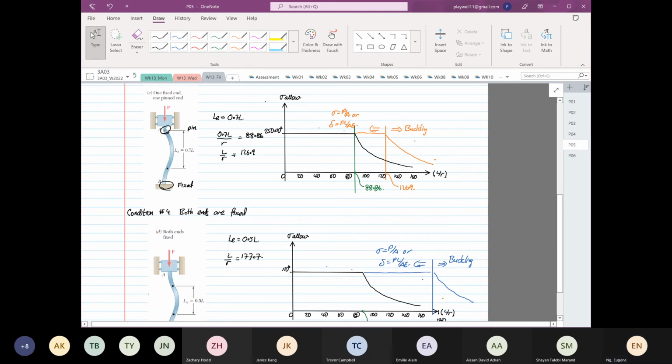Anyone? Due to time, a lot of experimental work has been carried out. It's based on experiment with different materials, different lengths, different radius of gyration. They get this, it's a lot of data.